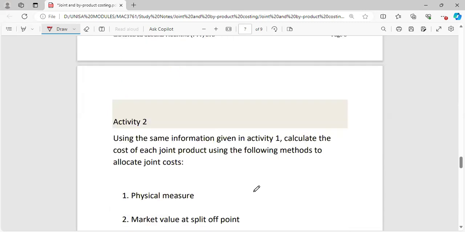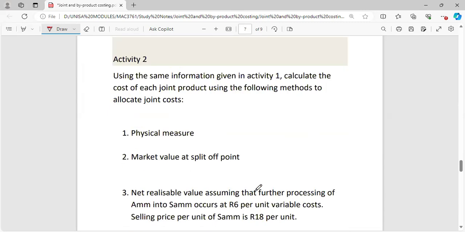I think let's demonstrate using activity 2. Let's use activity 2 to demonstrate this. They say using the same information given in activity 1, calculate the cost of each joint product using the following methods to allocate joint cost.